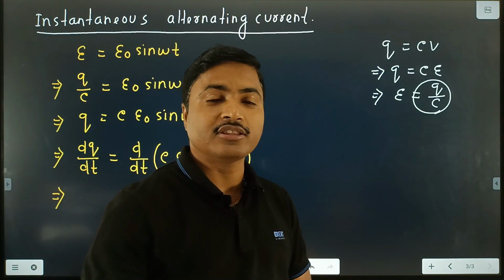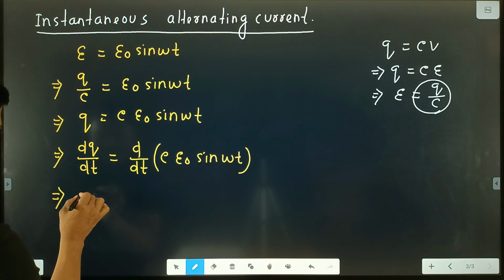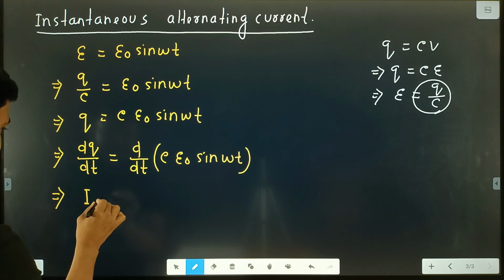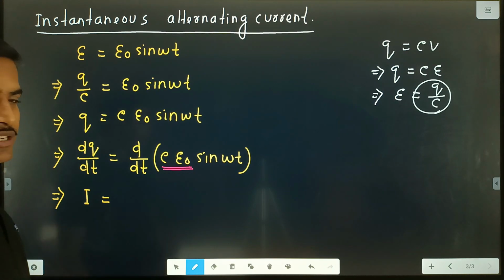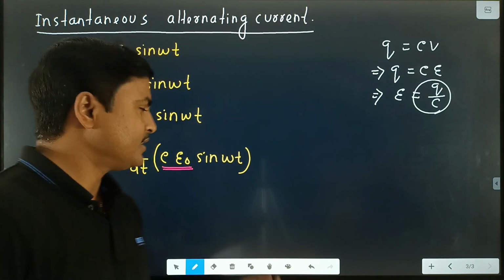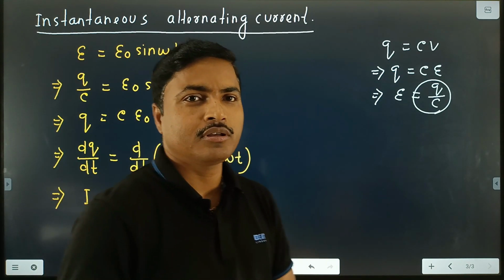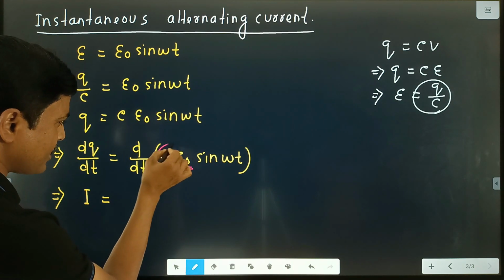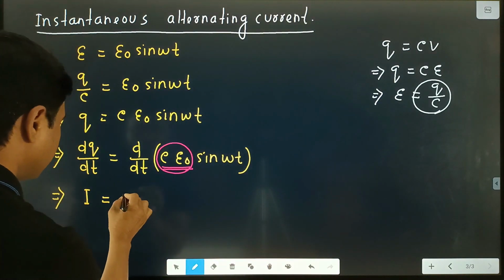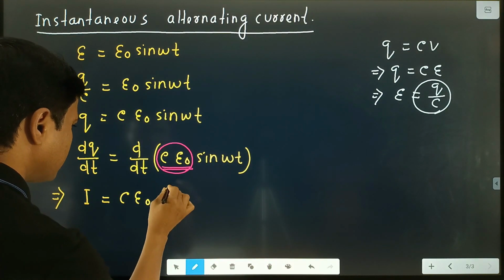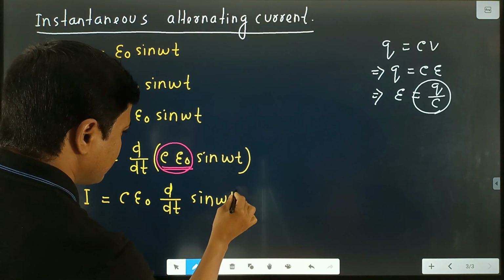You know the formula in the chapter current electricity, that dq by dt is known as the instantaneous current, that is I. I is equal to, in this expression, C into E0. C is the capacity, E0 is the peak value or the maximum value, and both are constant, and we take them out of the derivative, so the expression becomes C E0 d by dt of sin omega t.